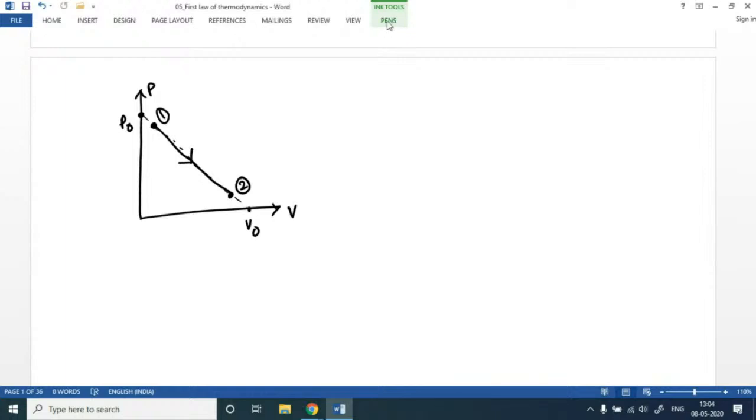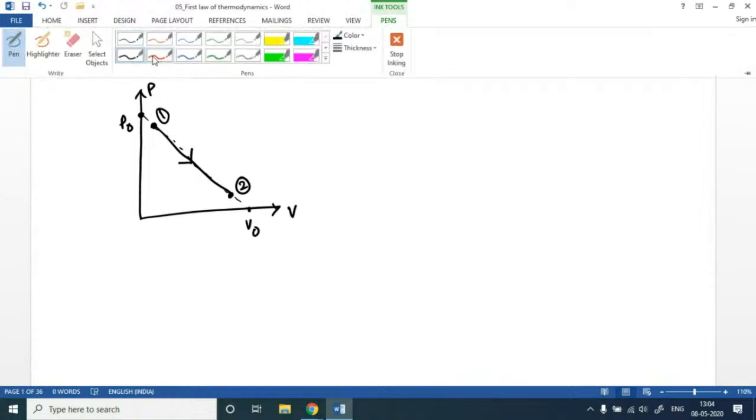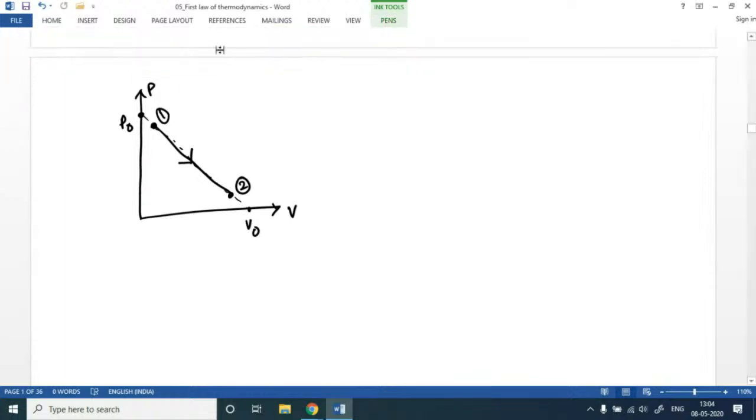So here, first of all, you should realize how the temperature is changing. For example, something like these would be isothermal curves. Let's say this is T1, this is T2, this is T3. And I told you already that for these isothermal curves, T3 is greater than T2, which is greater than T1.